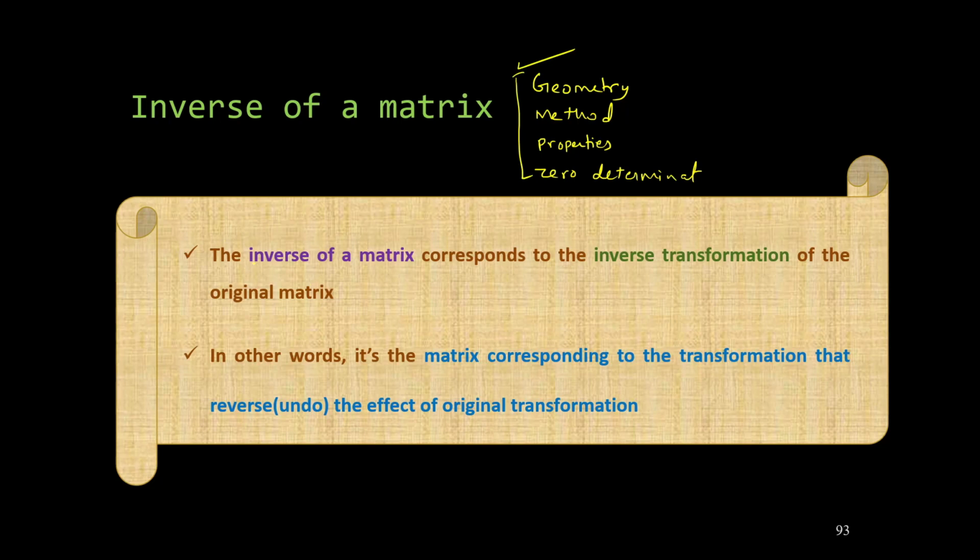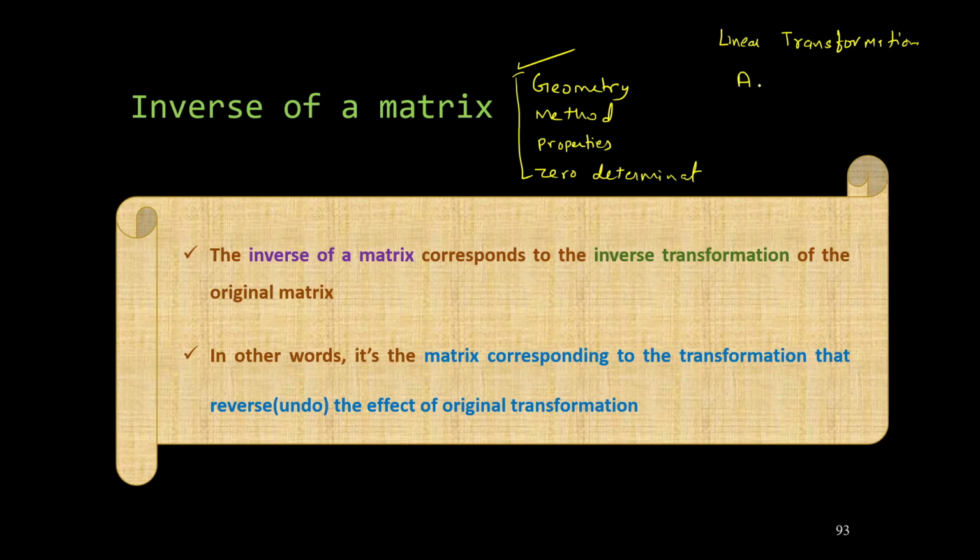The inverse of a matrix corresponds to the inverse transformation of the original matrix. What does it mean? Whenever we have a matrix, to look at its geometrical meaning, we look at the associated linear transformation. Those who are not sure what a linear transformation is might need to watch my tutorials on linear transformation.